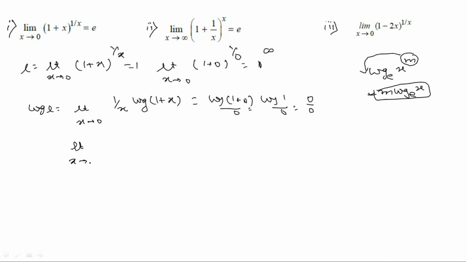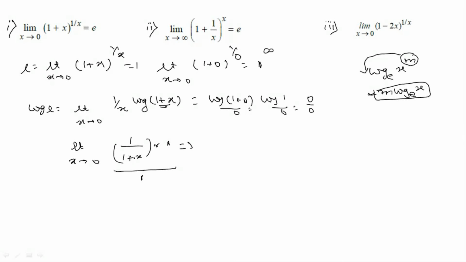Limit x tends to 0. Here the differentiation of log (1 plus x) is 1 by (1 plus x), and the differentiation of 1 plus x is 1, upon the differentiation of x, which is 1.